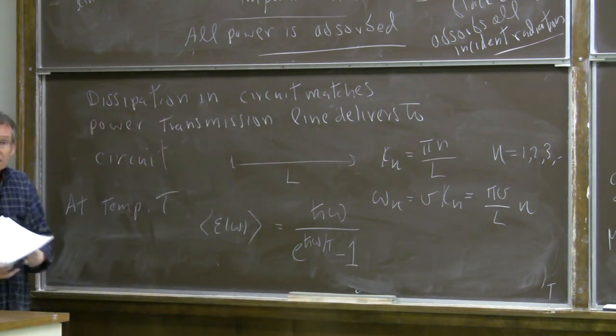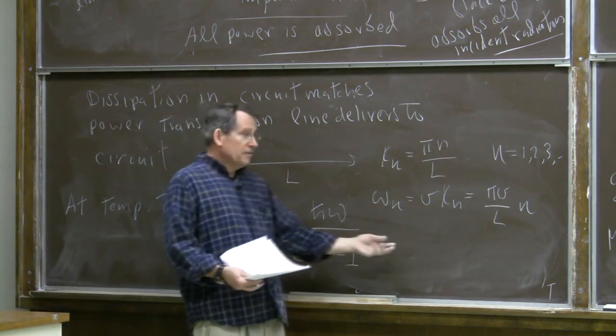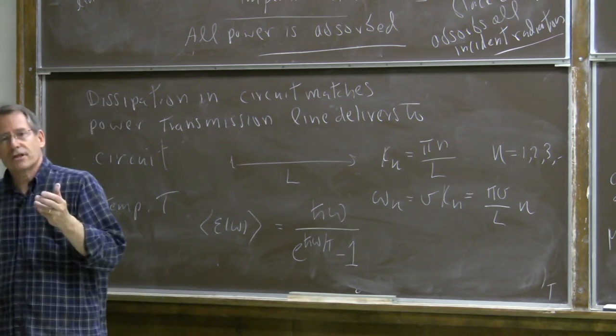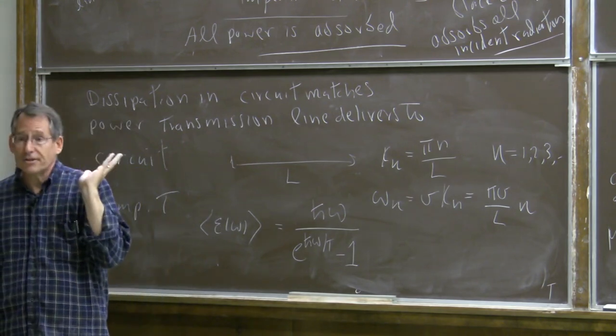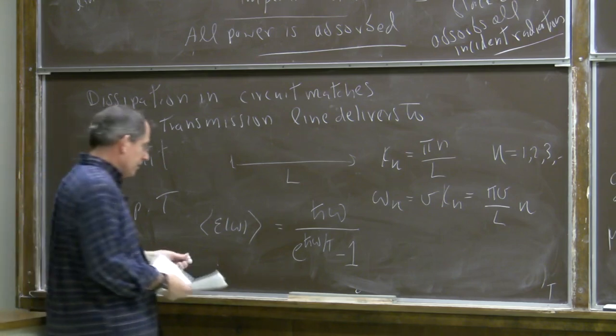Let's suppose that the circular frequencies are small compared to the temperature. Let's consider the high temperature limit, in which the temperature is large compared to the energy of a single photon. So it's the classical limit of electrical noise.